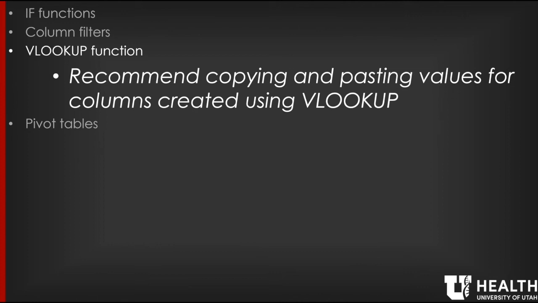At least in my research, oftentimes the data that I'm using VLOOKUP for, especially if you're taking it from a pivot table, gets changed, which then changes the reference data that the VLOOKUP equation is referencing, and then you can screw up a lot of the variables that you just made. So I recommend copying and pasting the values.